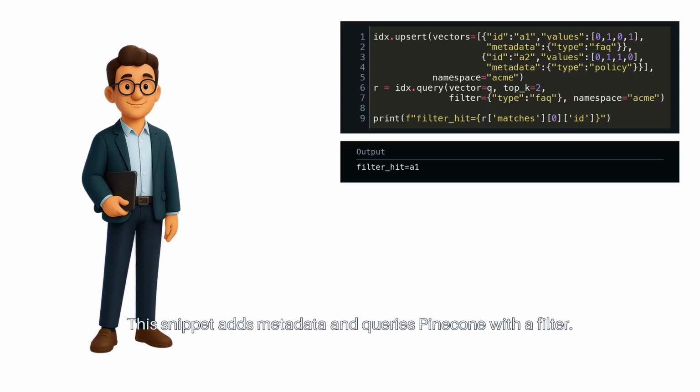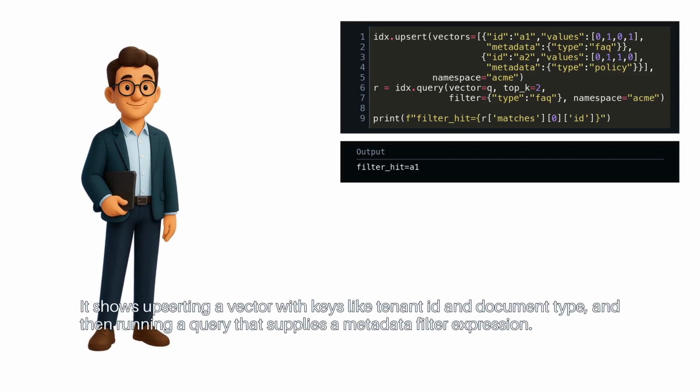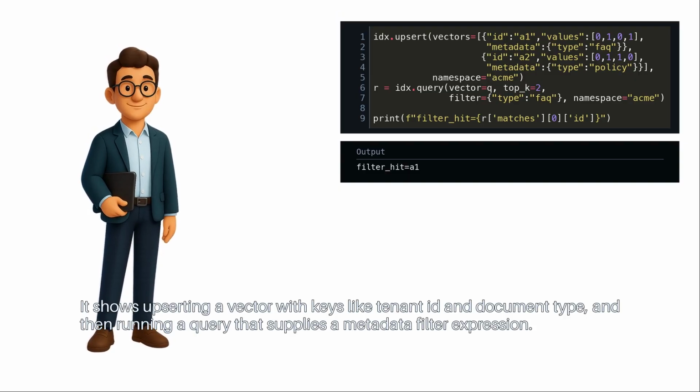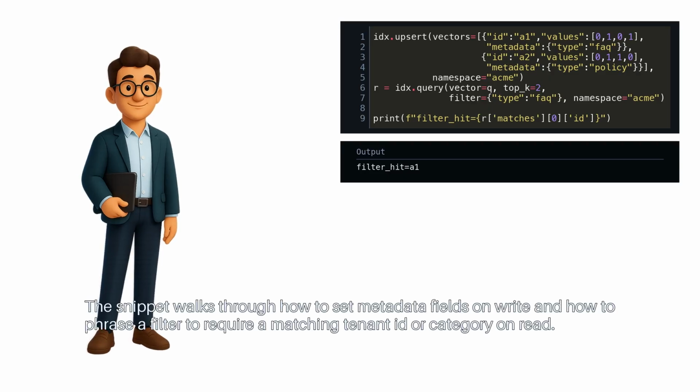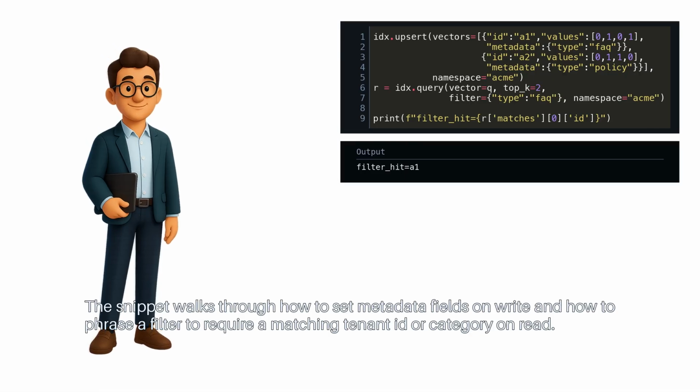This snippet adds metadata and queries Pinecone with a filter. It shows inserting a vector with keys like tenant ID and document type, and then running a query that supplies a metadata filter expression. The snippet walks through how to set metadata fields on write and how to phrase a filter to require a matching tenant ID or category on read.